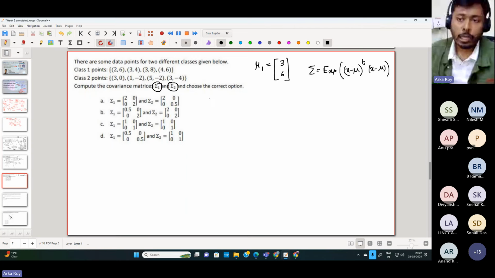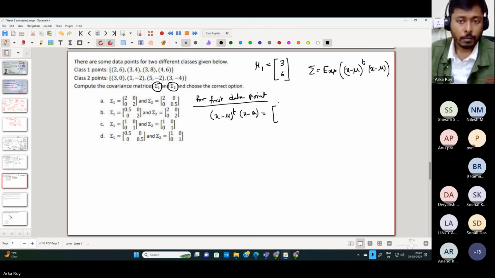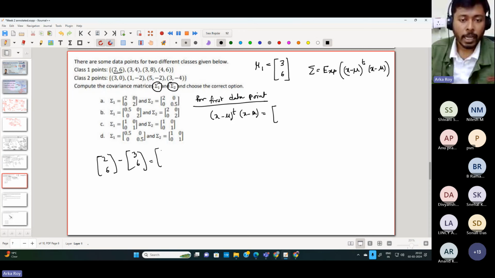So what I will do, I will take the first data point and evaluate x minus mu times x minus mu transpose. Your x is currently 2, 6. So 2, 6 minus this is your mu, that is 3, 6. So what will be the value? Minus 1, 0, right? So it will be minus 1, 0.